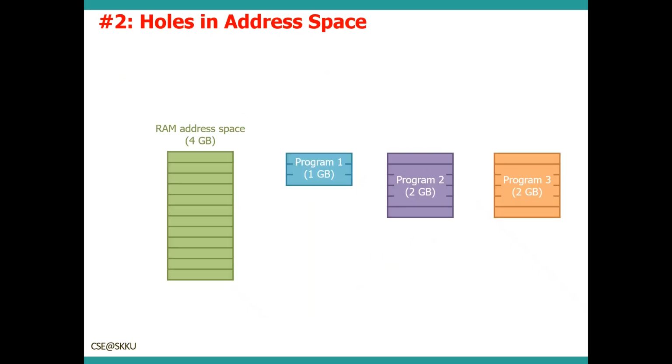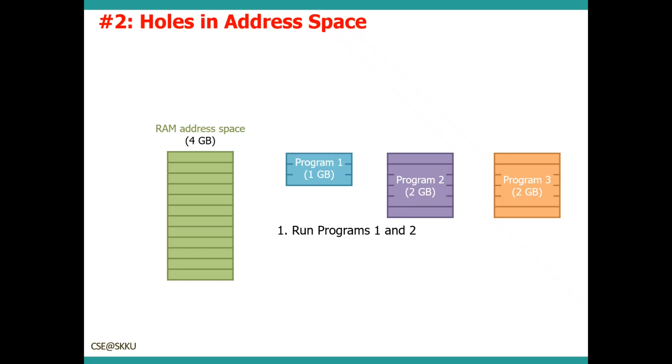Next problem is holes in the address space. For example, let's assume we have 4 GB real memory and we try to execute 3 programs: program 1, 2, and 3. Program 1 requires 1 GB memory space, program 2 requires 2 GB, and program 3 also will use 2 GB memory space.